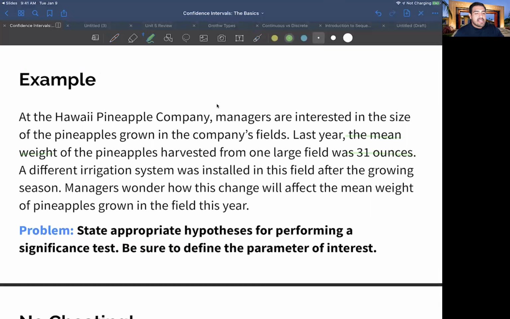A different irrigation system was installed in this field after the growing season. Managers wondered how this change will affect the mean weight of pineapples grown in the field this year. So we need to state an appropriate hypothesis for performing a significance test. Be sure to define the parameters of interest.